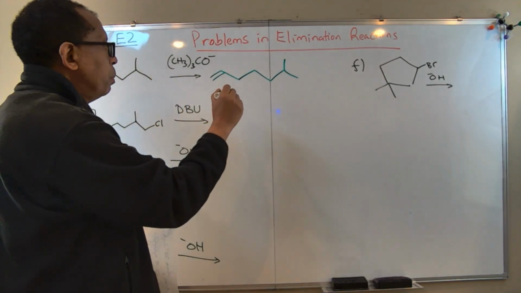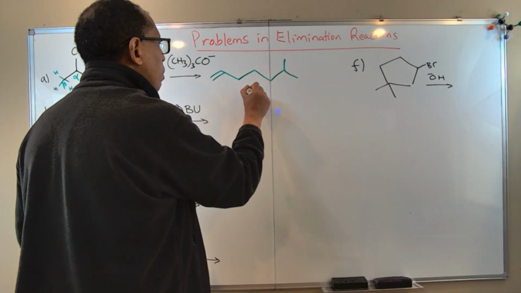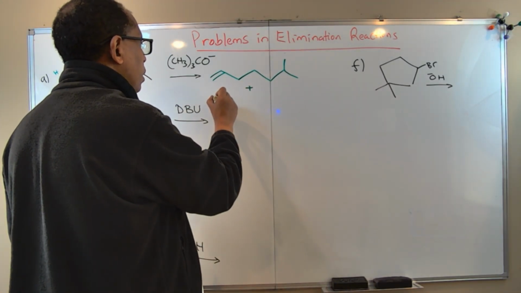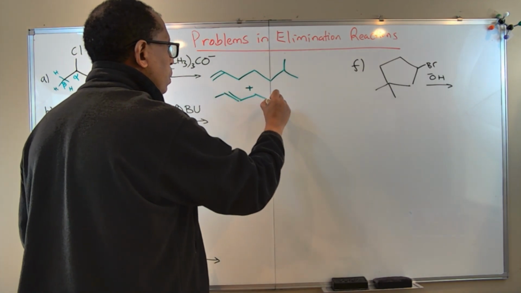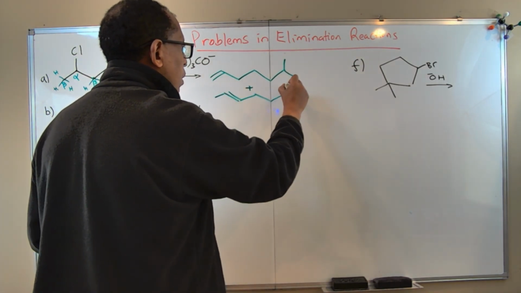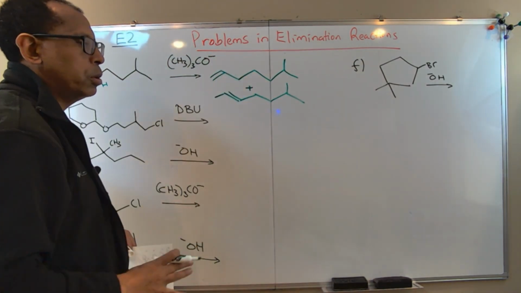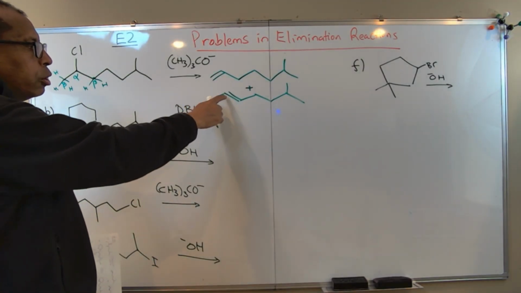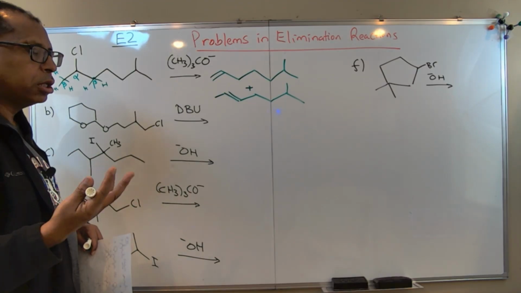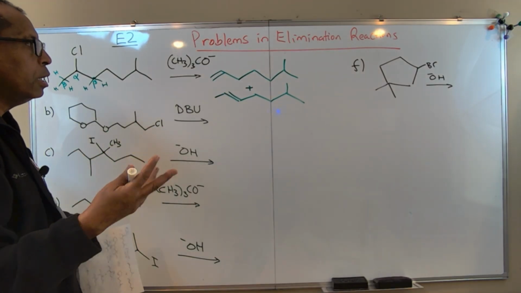So that would be plus another product, which is this product. So two constitutional isomers. This is a 1-alkene, this is a 2-alkene. That's the position of the double bond, what I'm trying to say.